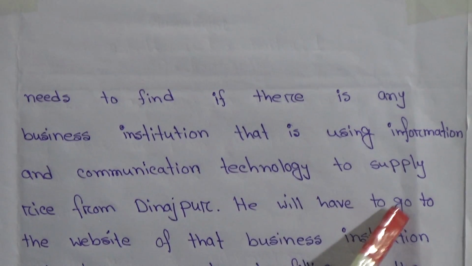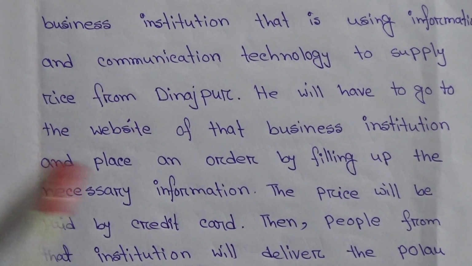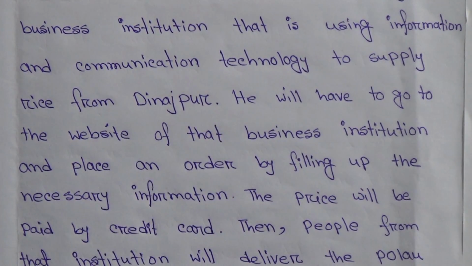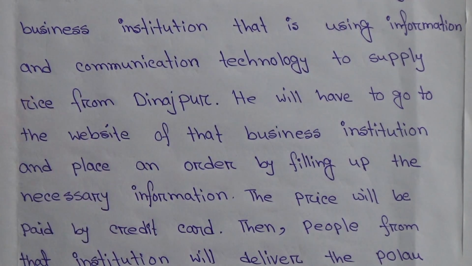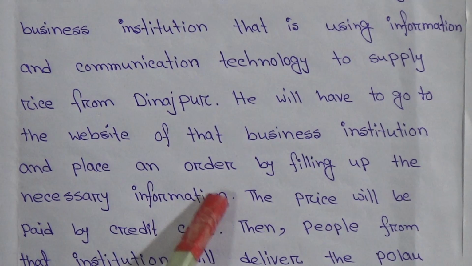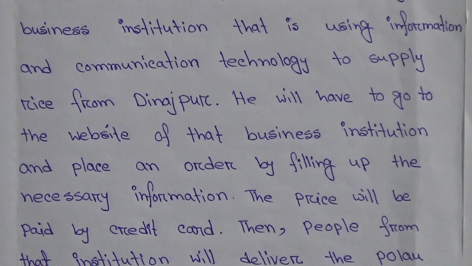He will have to go to the website of that business institution and place an order by filling up the necessary information. That means how much rice he needs and what his location is.